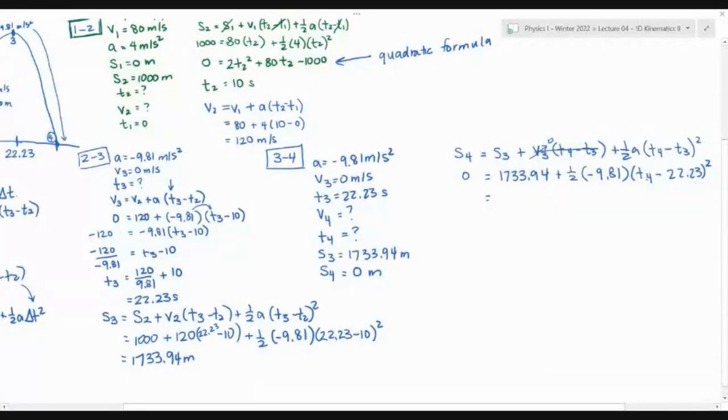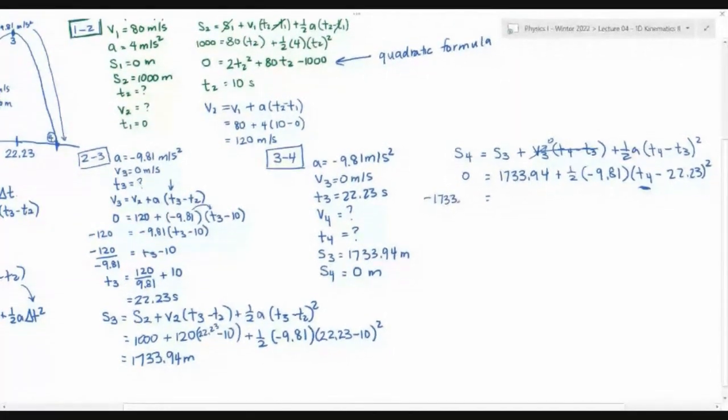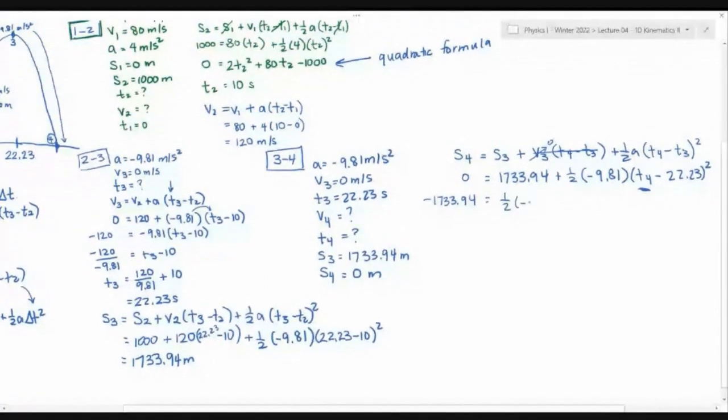Okay, so now we have to solve for this T4 over here. So we can bring things to the other side. So we have negative 1733.94 equals 1/2 times negative 9.81 times T4 minus 22.23 squared.